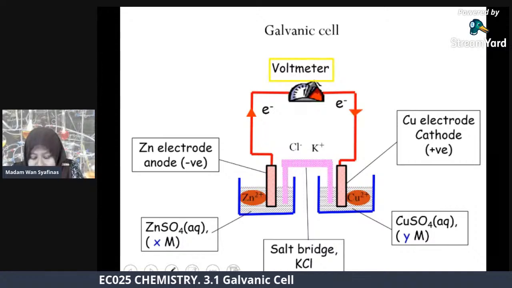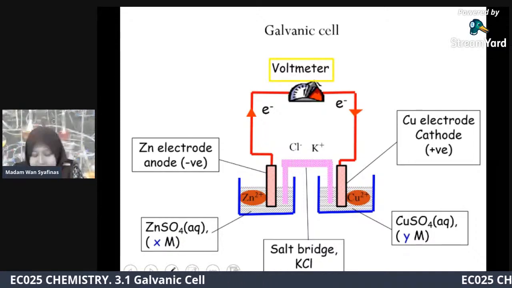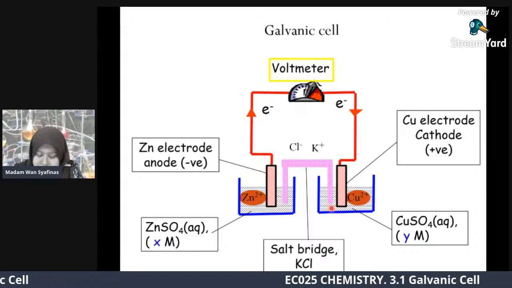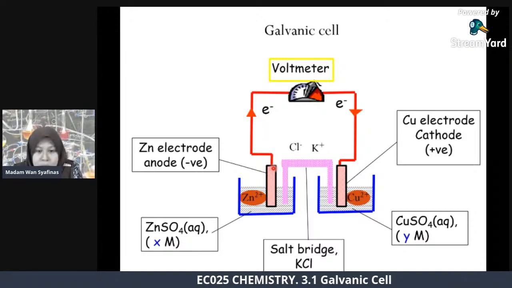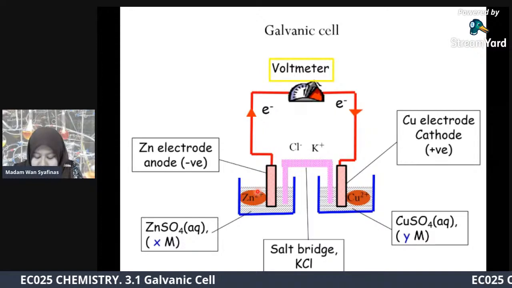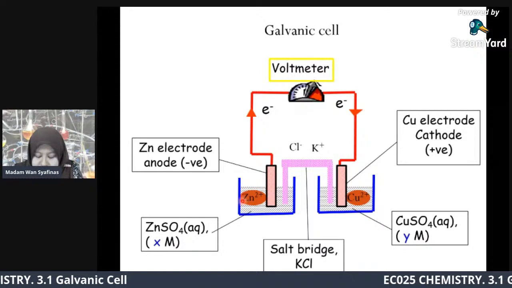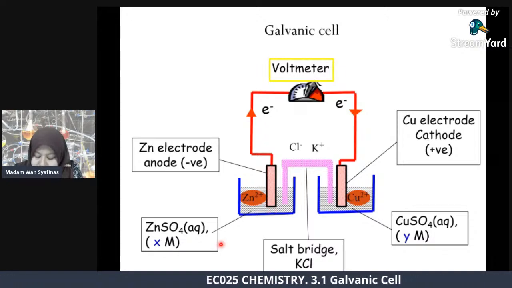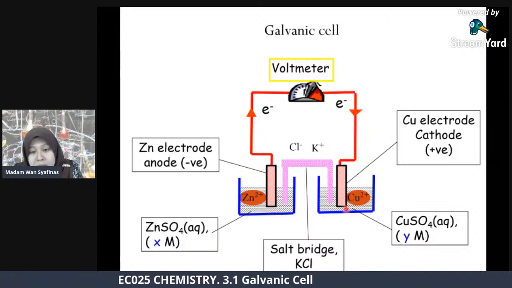If you look at this diagram, the galvanic cell consists of 2 electrodes immersed in 2 electrolytes. So we look at the left side first. This one is zinc electrode. So zinc electrode is immersed in zinc 2+ aqueous ion. Then we have the right side, copper electrode.